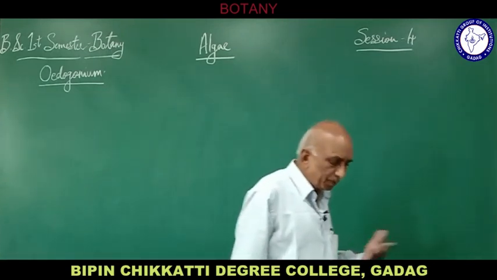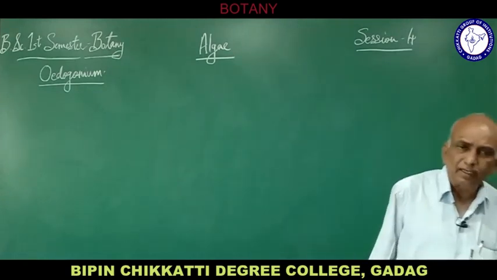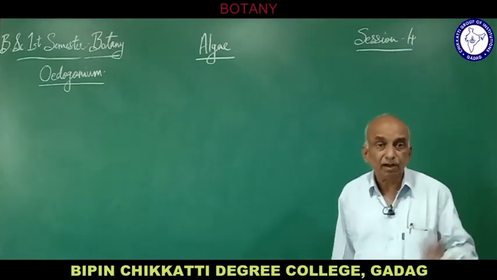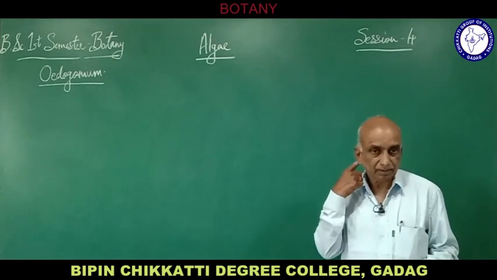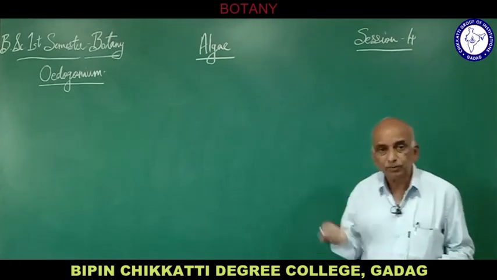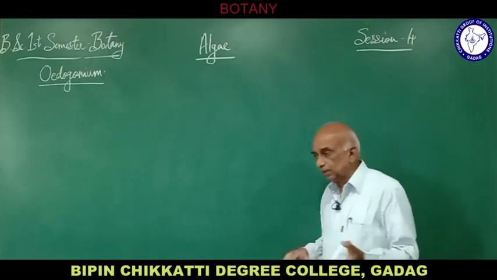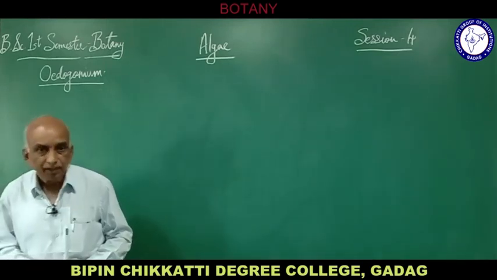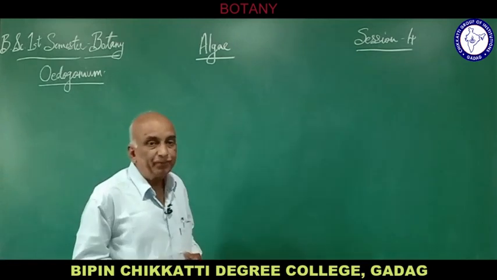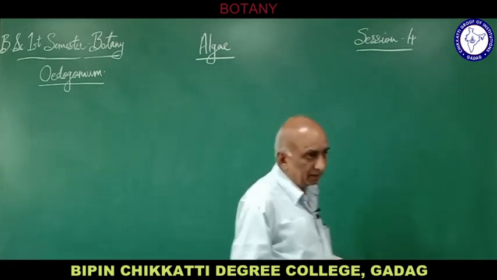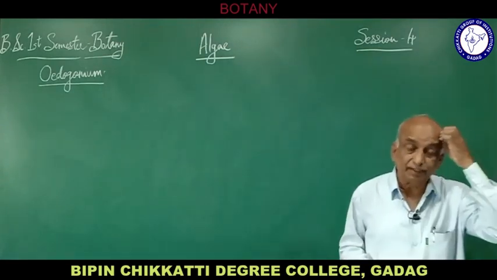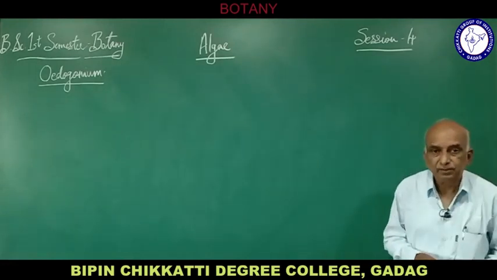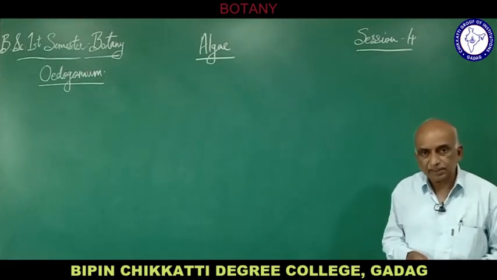For example, on the red algae or brown algae which are large in size, they grow to a gigantic size. So on the surface of their body, Oedogonium grows as an epiphyte but not a parasite. So just for its support it will grow there, and it is having chloroplast, that is chlorophyll.